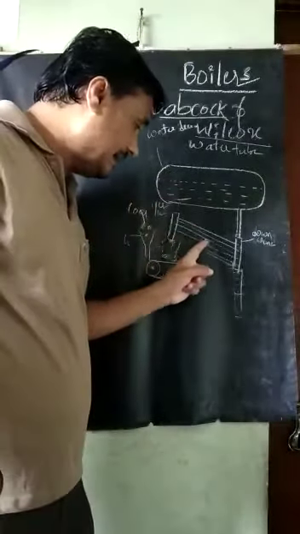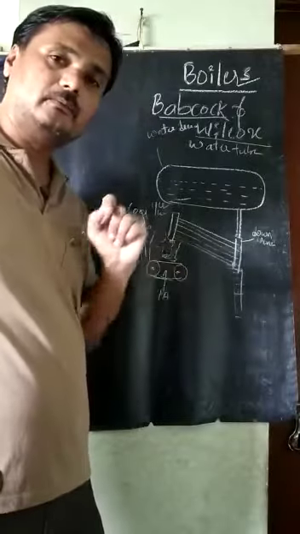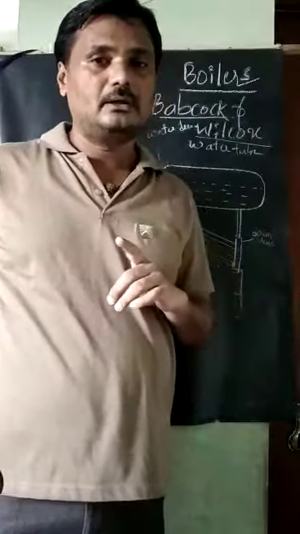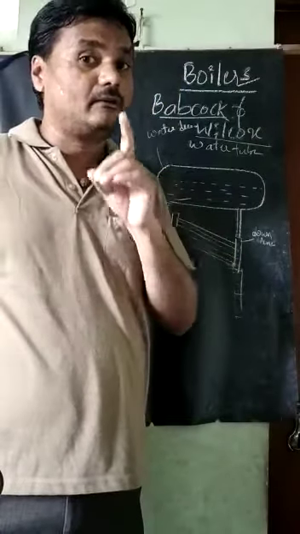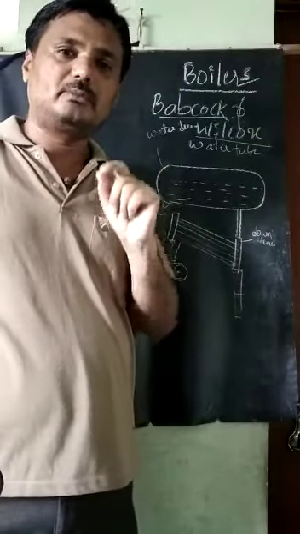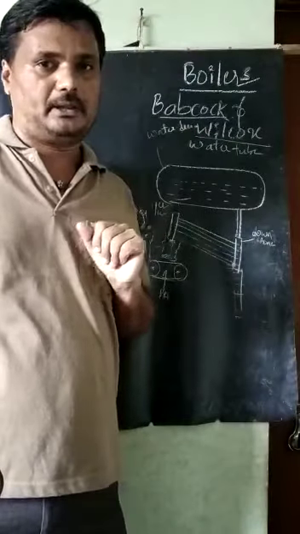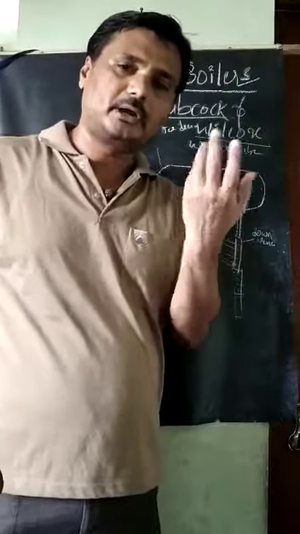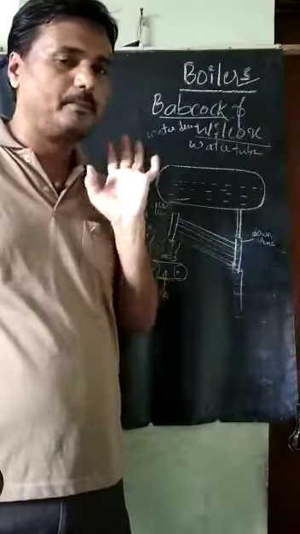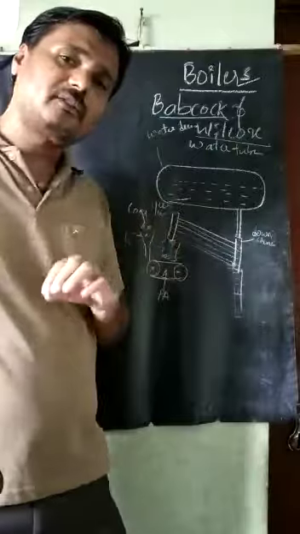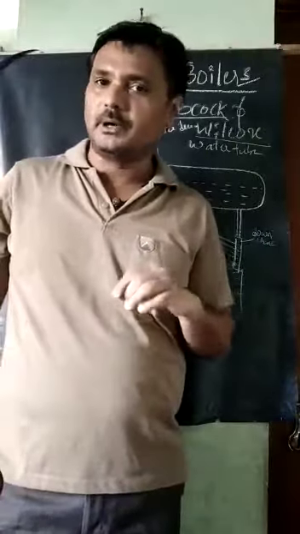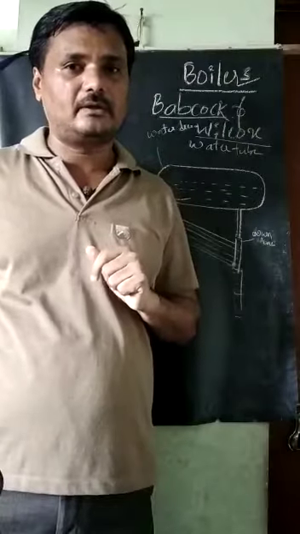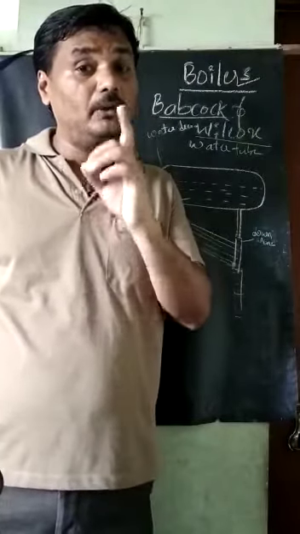Once the water gets heat from the flue gas, some of the water, not all, will reach the boiling point and convert into vapor. Once the water gets heat from the flue gas, its density will decrease.